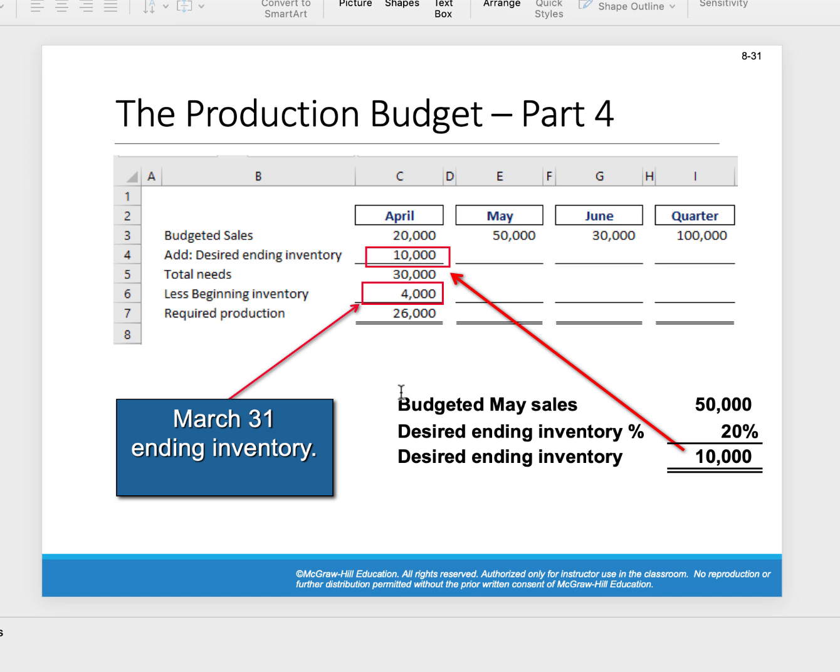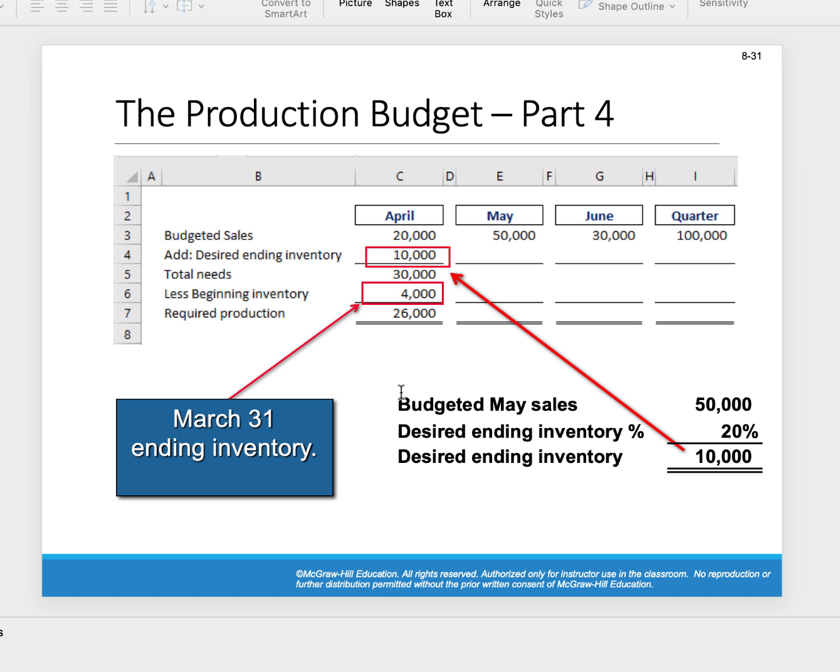Okay? So that means my total needs for the month of April is the budgeted sales of 20,000 units plus desired ending inventory of 10,000 units. Great. So through the month of April, I've got to produce 30,000. But when you think about it, I already began April with some beginning inventory, right?